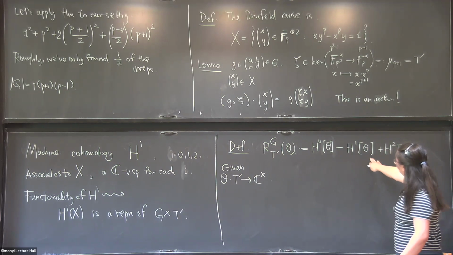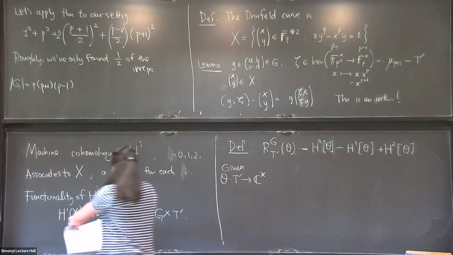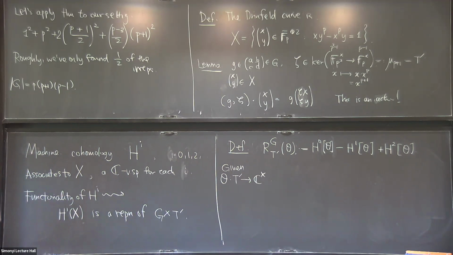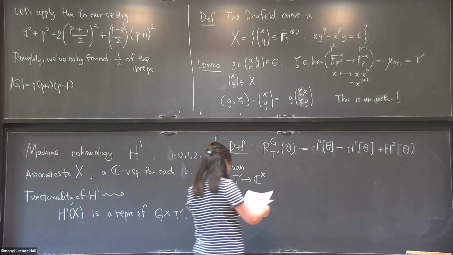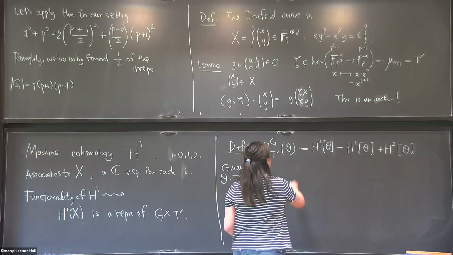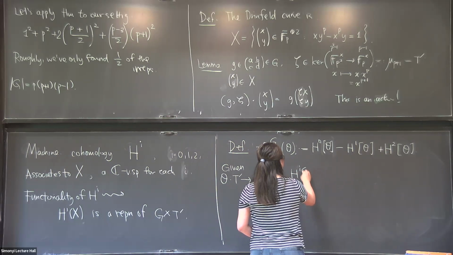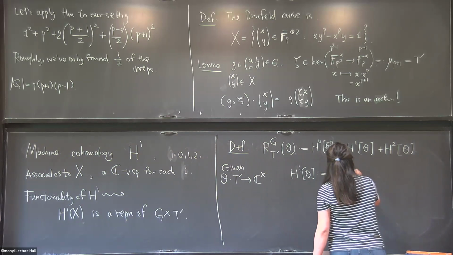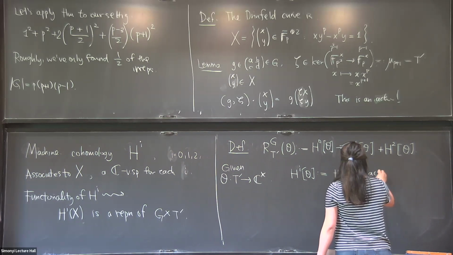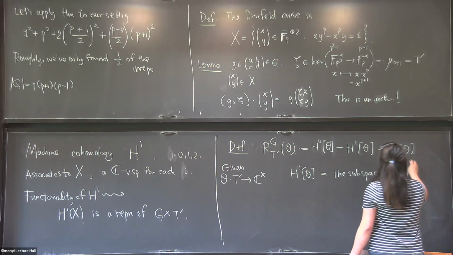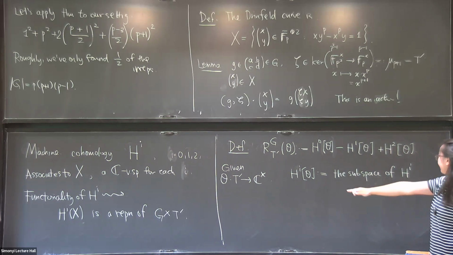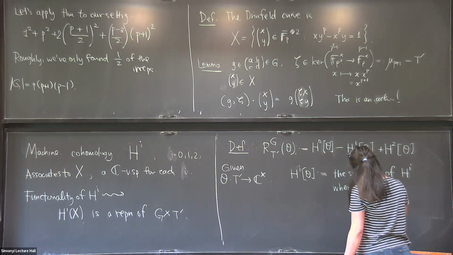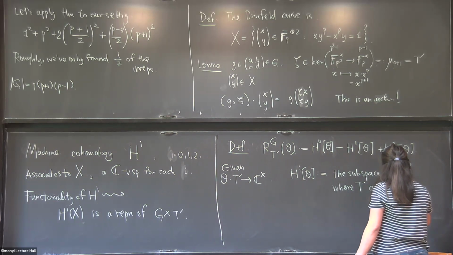What the theta means is that I look inside each of these and take the part where T prime acts by theta. So H^i of theta is defined to be the subspace of H^i, which remember is a representation of G times T prime, where T prime acts by theta.